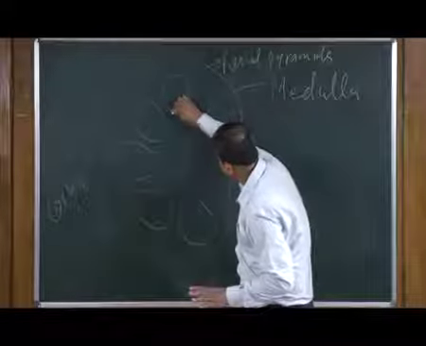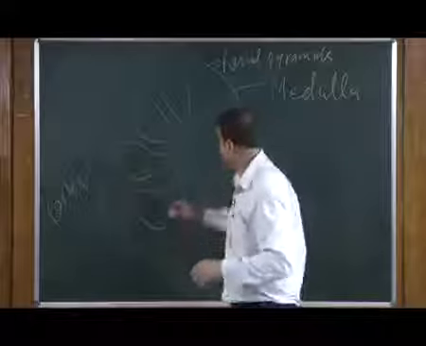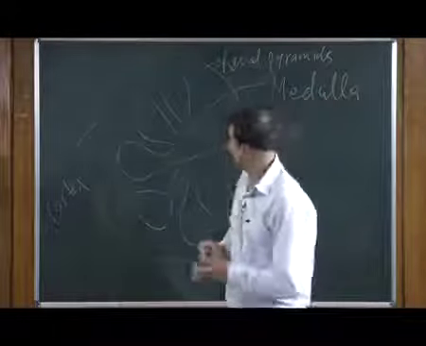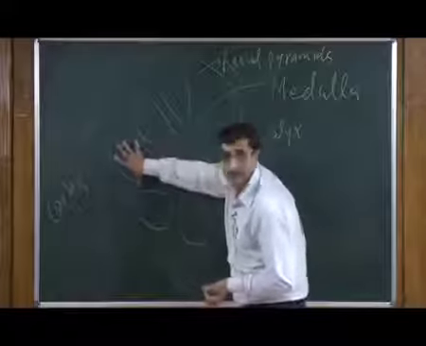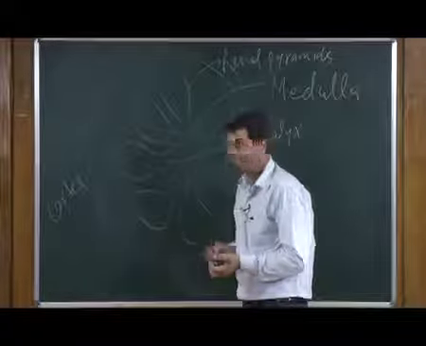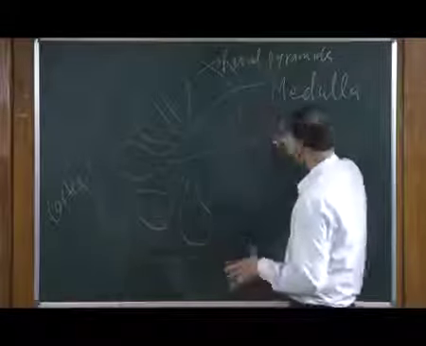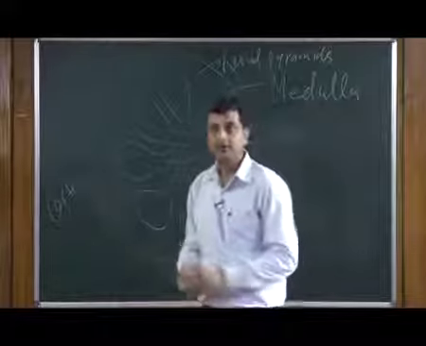These pyramids are tapered, and that tapered area is called the calyx. The calyx is the tapered area of the renal pyramid that is collecting all this stuff. We can simply call it the renal calyx because it is a part of the renal system.